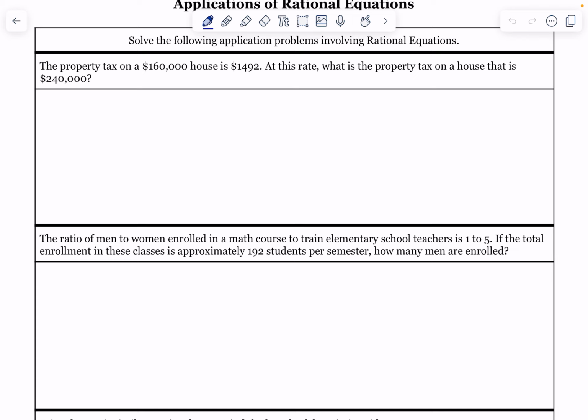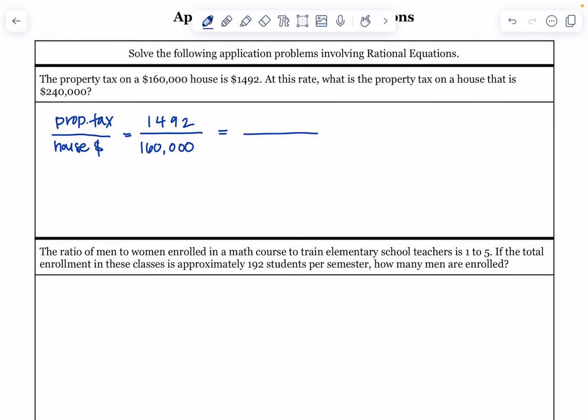So we need to figure out the rate, or we can just set up a proportion. 1492 would be the property tax. I'm just going to set property tax for a $160,000 house, and we want the same rate for a $240,000 house.